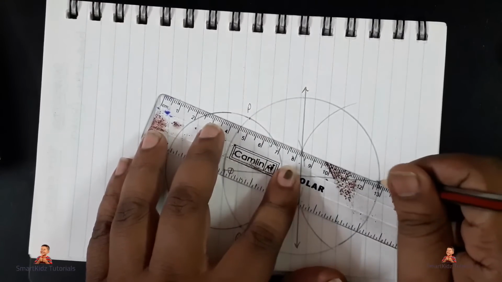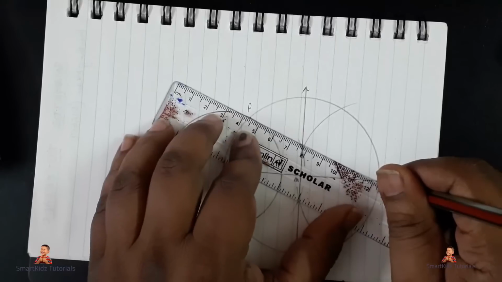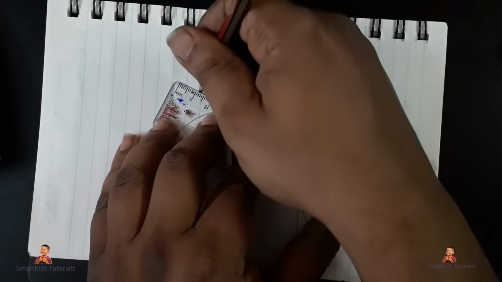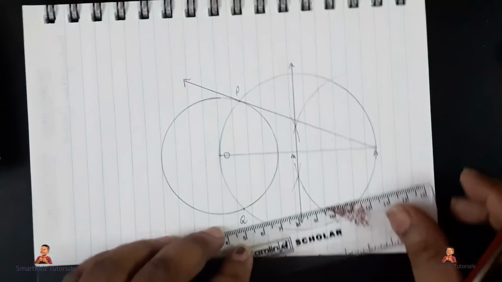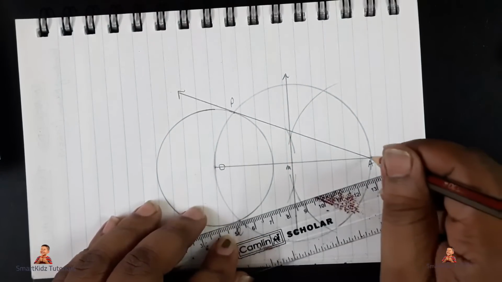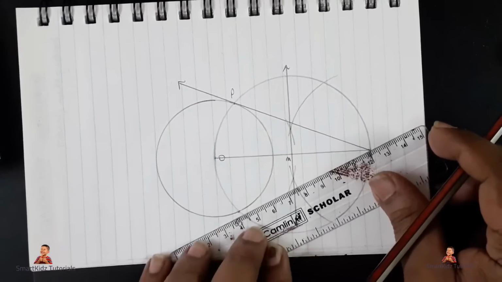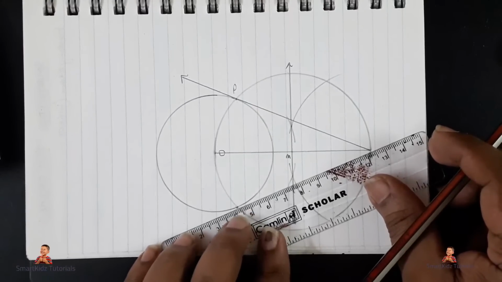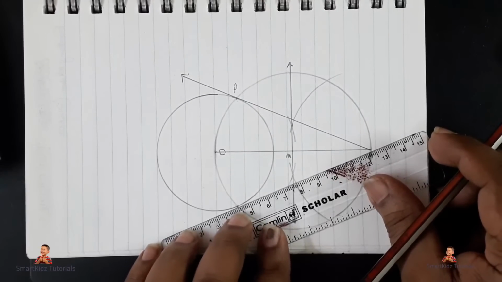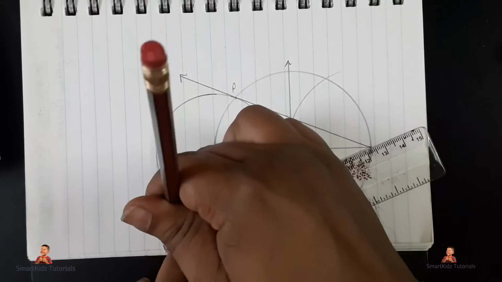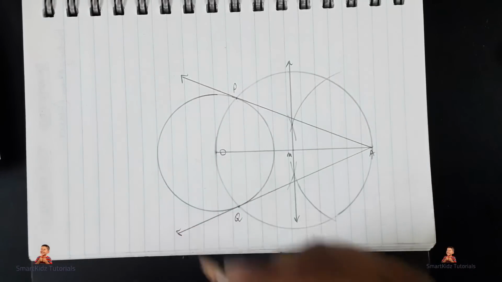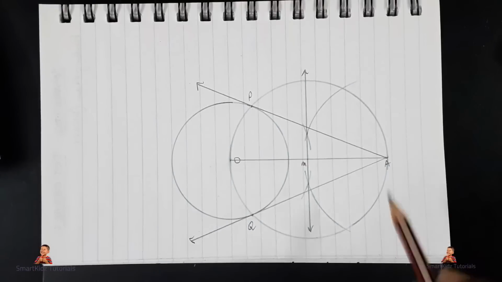So from A passing through P this way, that's one tangent, and then the other one will be from A passing through Q. Okay, so from here this way. So we have now two tangents, AP and AQ.